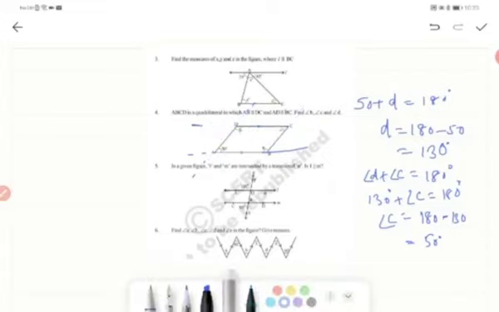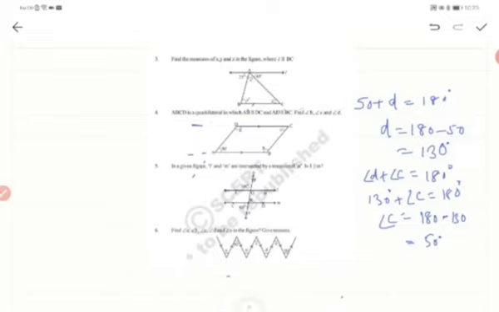So angle C is 50 degrees, D is 130 degrees, and now tell me what will be your B. Your B will also be 130 degrees. Why? Because if you consider this as an interior angle on one side of the transversal, interior angles are supplementary.